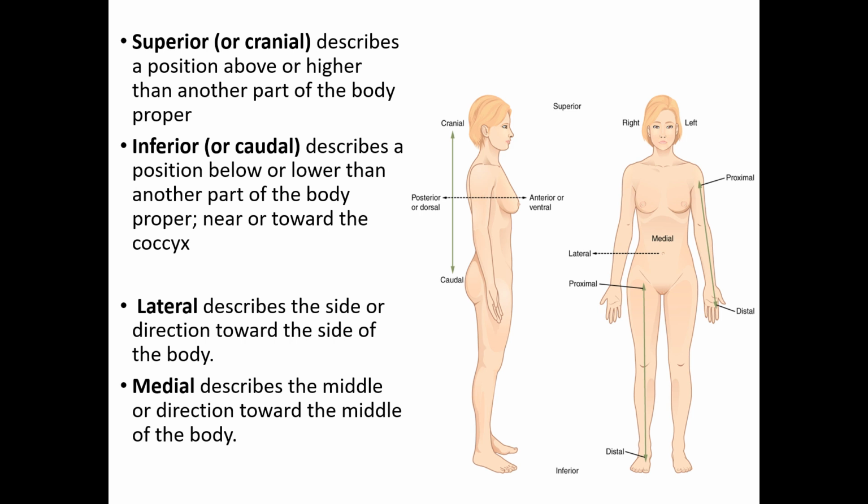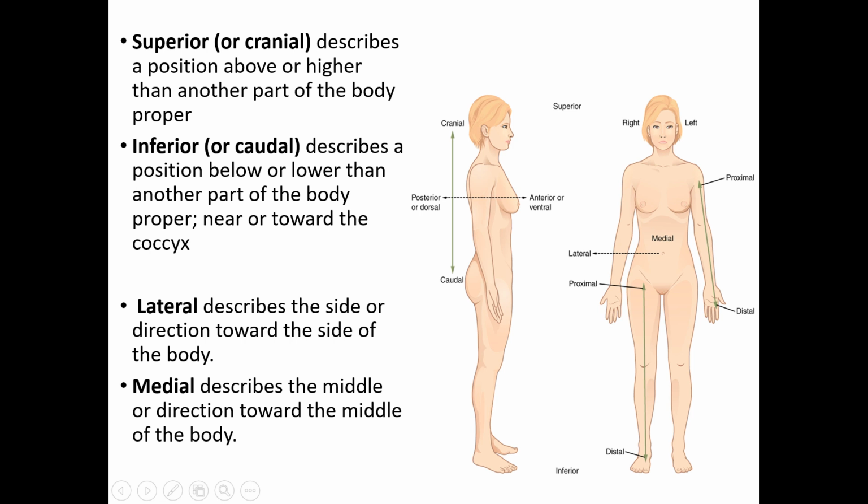Next pair of terms, lateral and medial. If we imagine a midline that goes through the center of the body, all the structures that are closer to the midline will be called medial. Everything that is away from the midline will be lateral. So let's compare our nose and our ears. Our nose is right on midline.